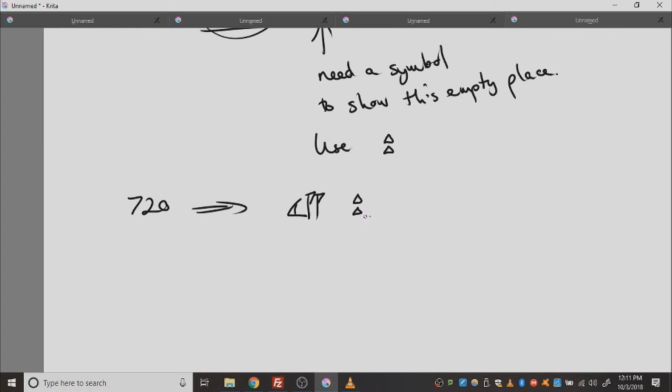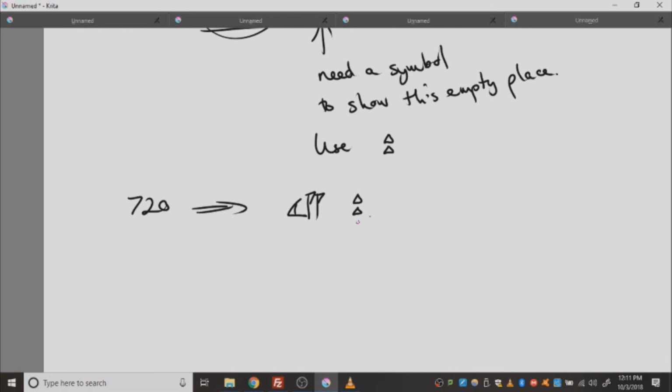Now, they didn't see this as a 0, but for all intents and purposes, that is equivalent to 0. Only in India did they recognize that nothing is the same as something, and 0 is a number just like anything else. At least they recognize that there needs to be a symbol to represent that empty space. But you can see it as a 0. It's just interesting to know that they didn't see it as a number. But you need something.